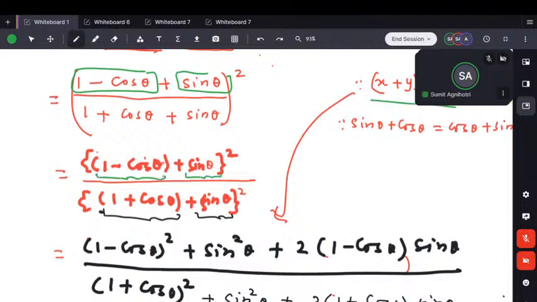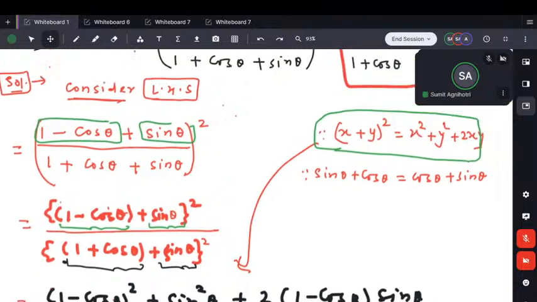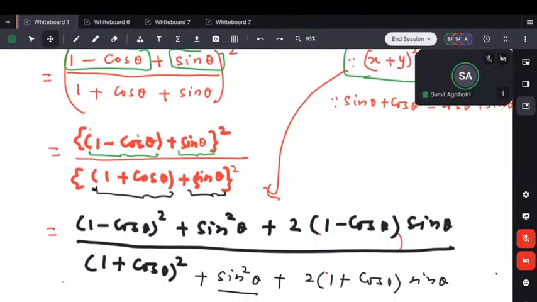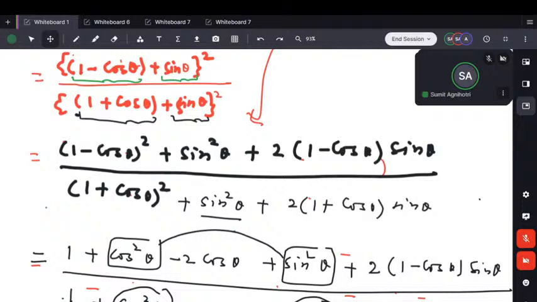Now you need to open it using this formula, x plus y whole square equal to, you can see it, x square plus y square plus 2xy. X square, see carefully, that means 1 minus cos theta whole square, plus y square plus 2xy, x is here, y is here. Again in denominator, x whole square, y whole square, twice x, and this is y.